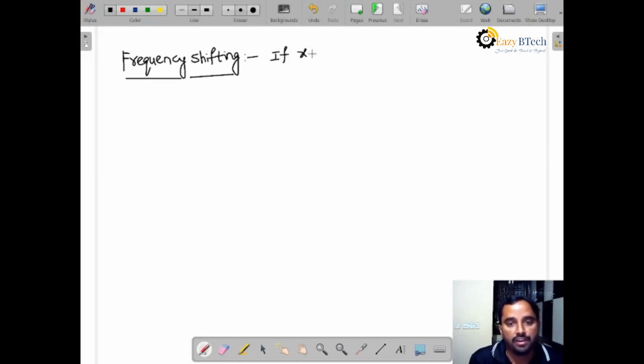If x of t has Fourier transform x of omega, now what is the property? Frequency shifting. Now I am shifting the frequency, meaning x of omega minus omega naught. This corresponds to x of t into e to the power j omega naught t.